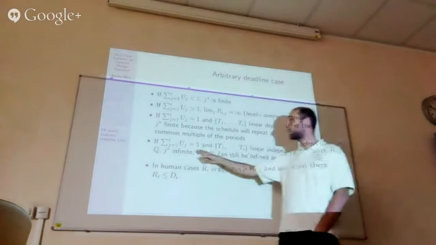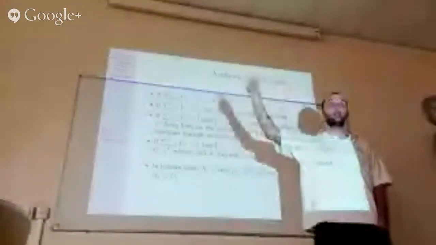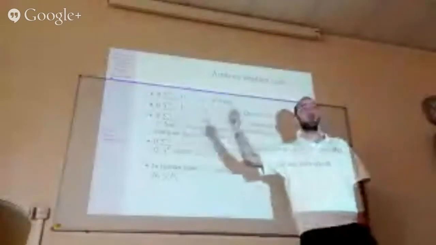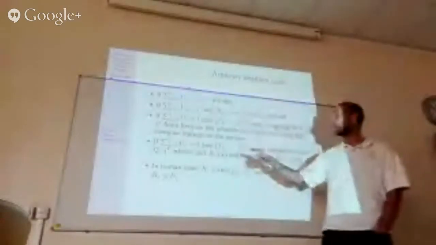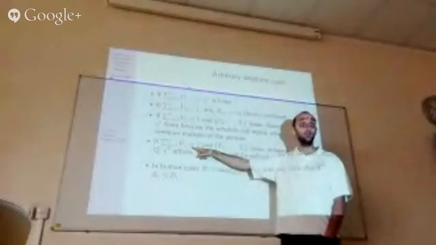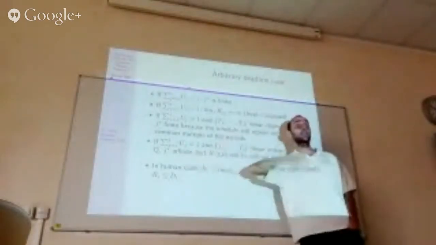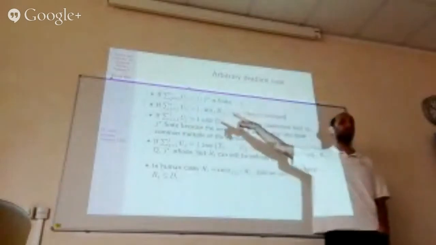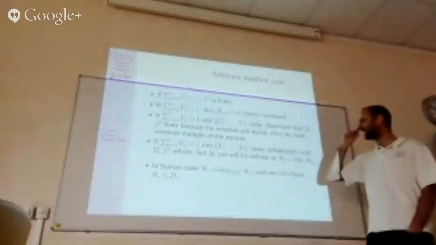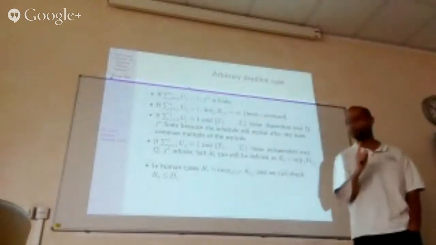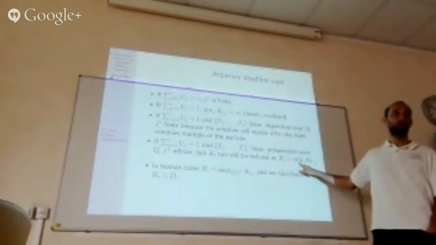The point is that J star is infinite, so the number of jobs you may need to compute is infinite, because the schedule never repeats and you never find an idle. So you have to continue forever, but still Ri is finite, and it is the supremum over all jobs.